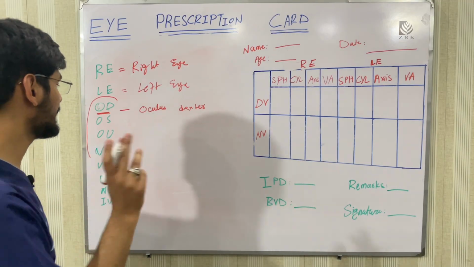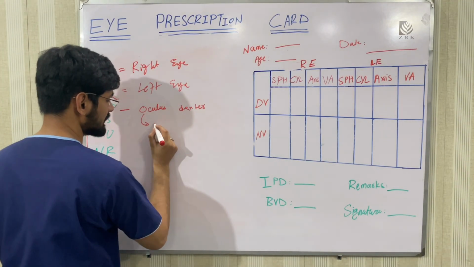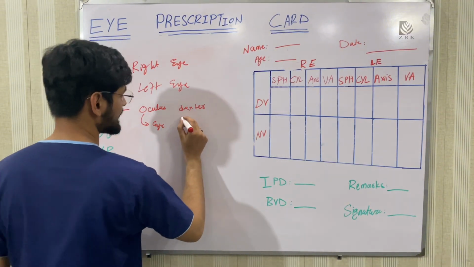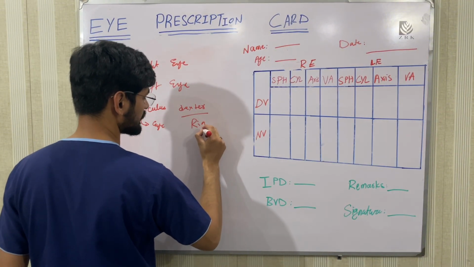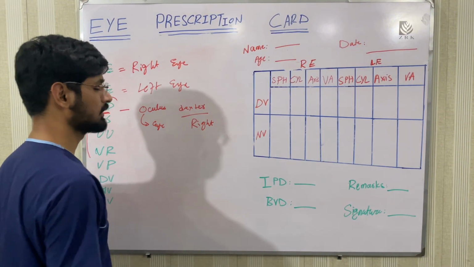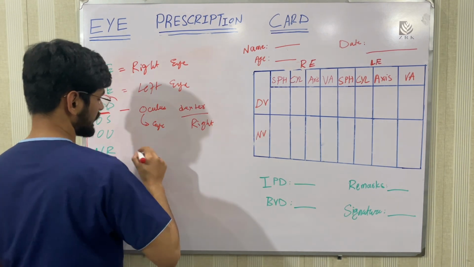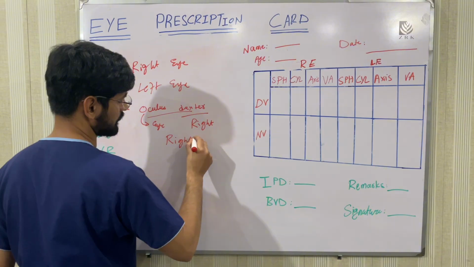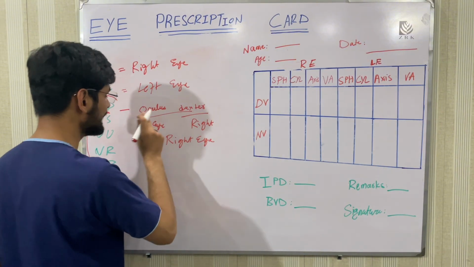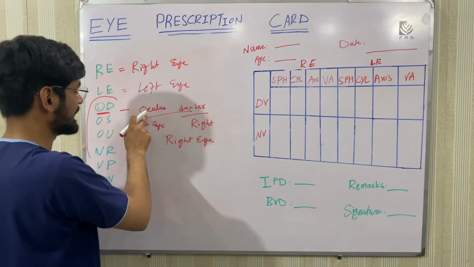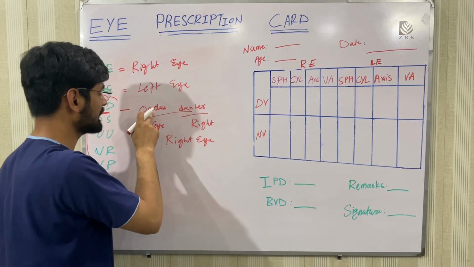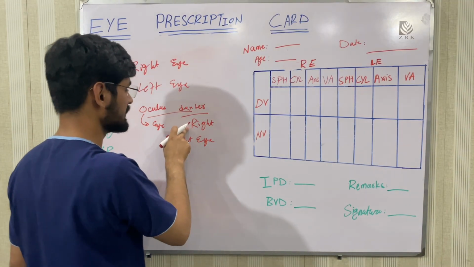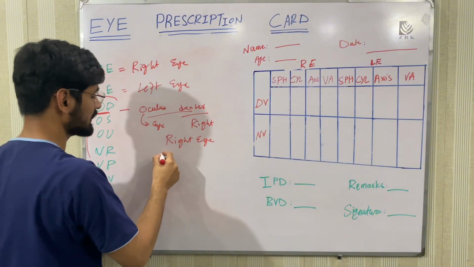In Latin, oculus means eye, and dexter means right. So I can understand easily, it means right eye. It means we are talking about the right eye.